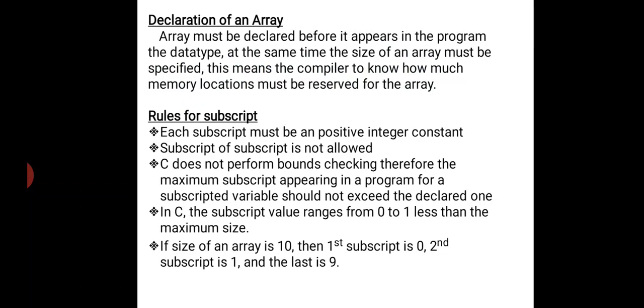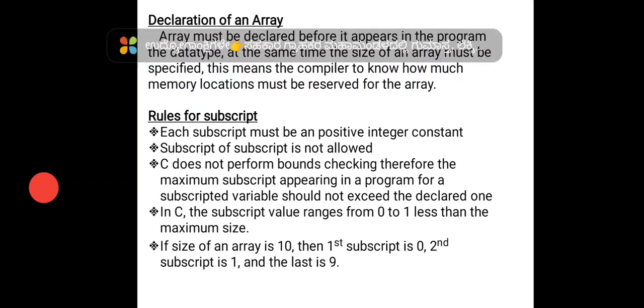Some rules are available in the declaration of an array. First one, each subscript must be a positive integer constant. Subscript of subscript is not allowed. C does not perform bounds checking, therefore, the maximum subscript appearing in the program for a subscripted variable should not be exceeded in the declaration.